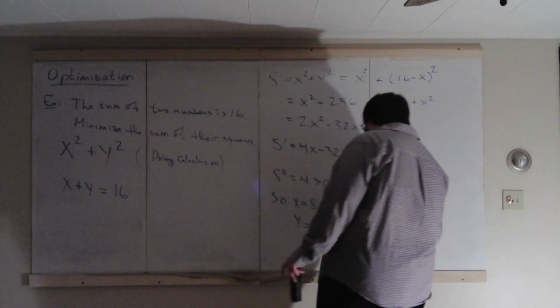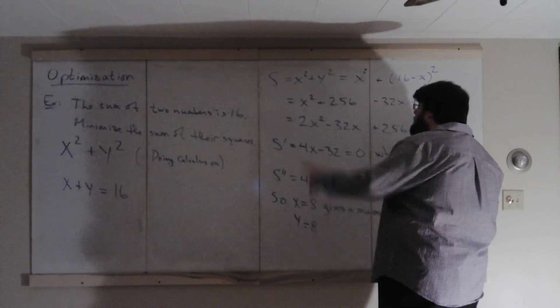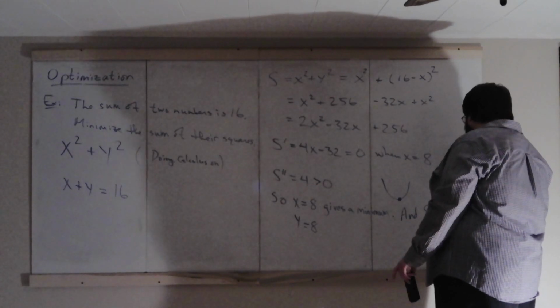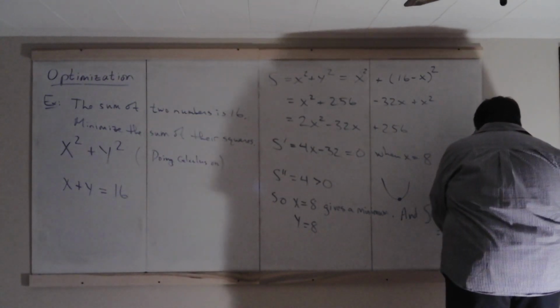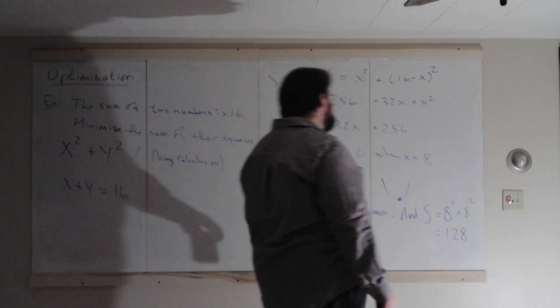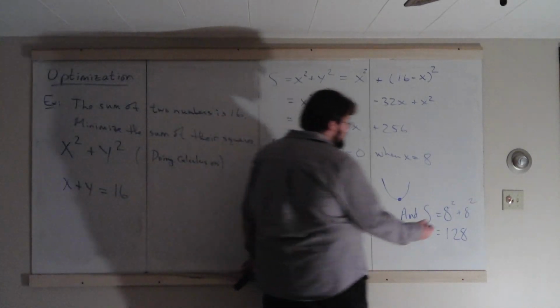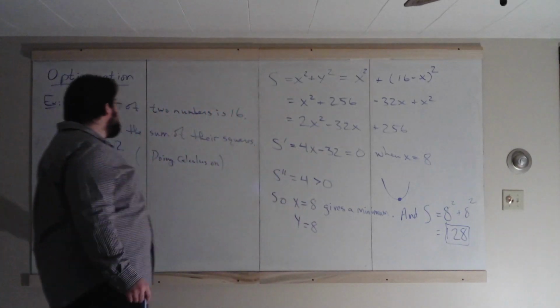S equals 8 squared plus 8 squared, 64 plus 64, which is 128. I wrote 124, I think, because I was saying 64. So S equals 128, and that's a minimum as we observed over here.